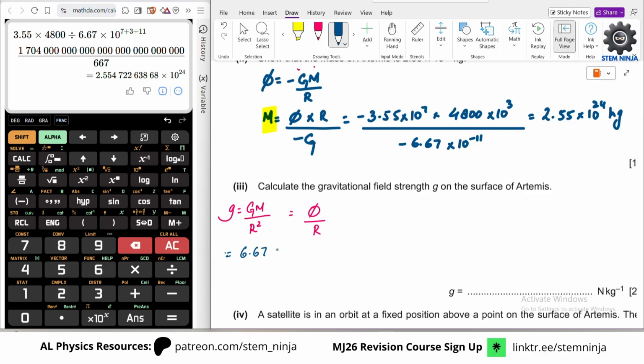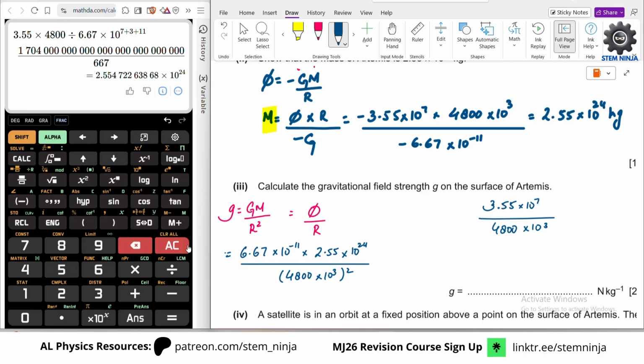6.67 × 10^-11, mass is 2.55 × 10^24. The values will be very slightly different because we are using the 2.55 rounded value. Divided by 4,800 × 10^3 whole squared, and the other way we said was 3.55 × 10^7 divided by 4,800 × 10^3.